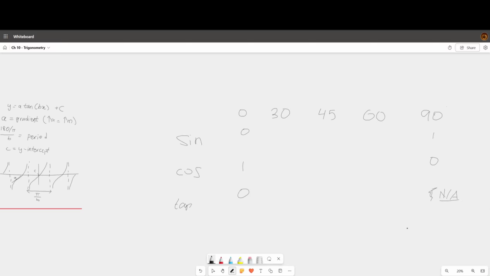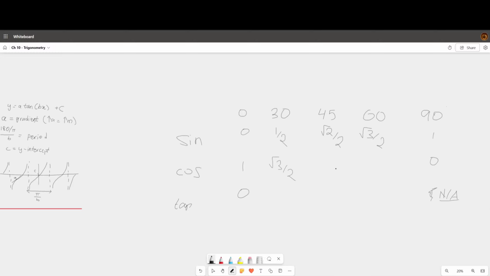Okay, now sine. If you actually remember sine and cos, you can just divide the two values to get tan. But sine 30 is 1 by 2. I'll tell you a way to remember this in just a second. Let me just fill out the table quickly. This is root 3 by 2.